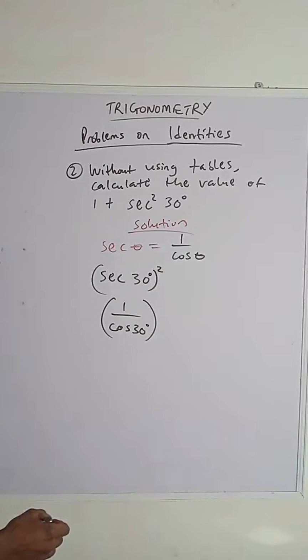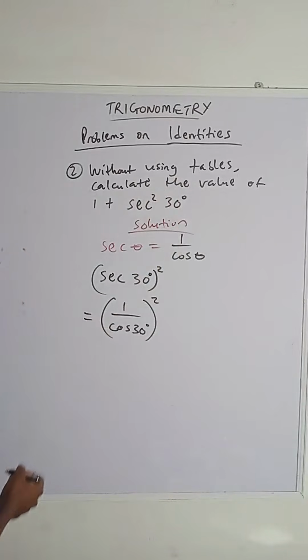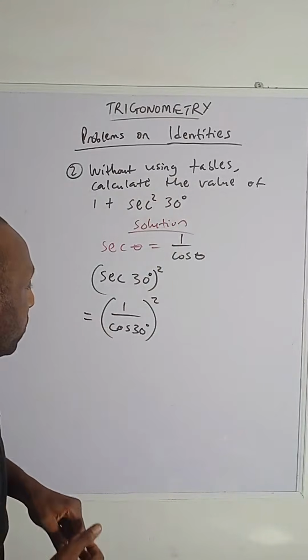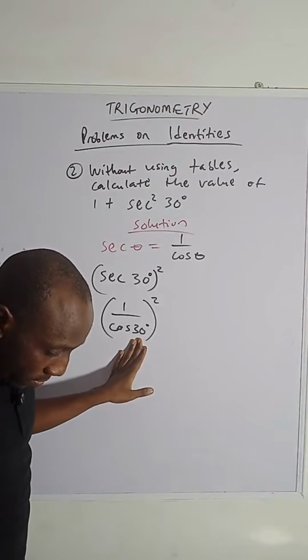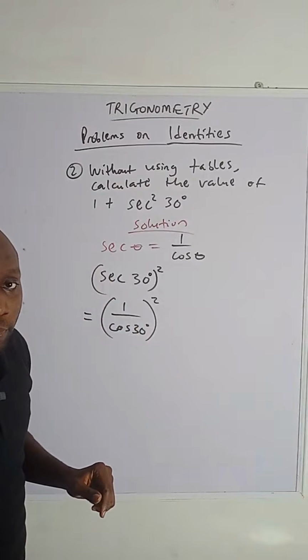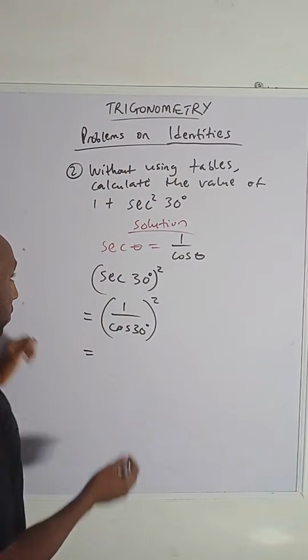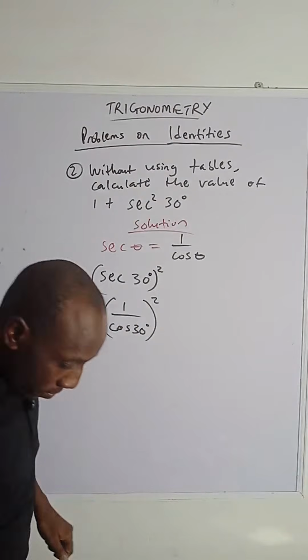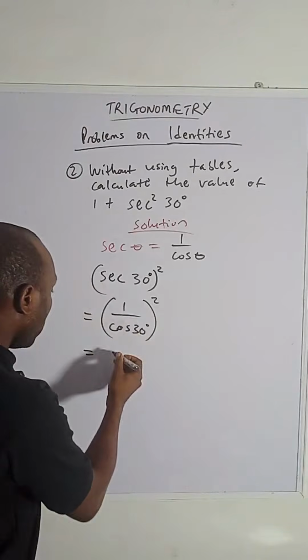We're trying to get this, all right? So what is cos 30 degrees? If you remember that trig function, what's cos 30? Thank you. Root 3 over 2.